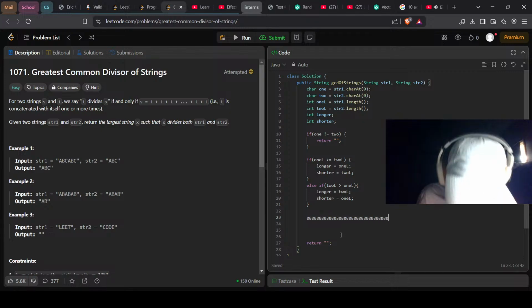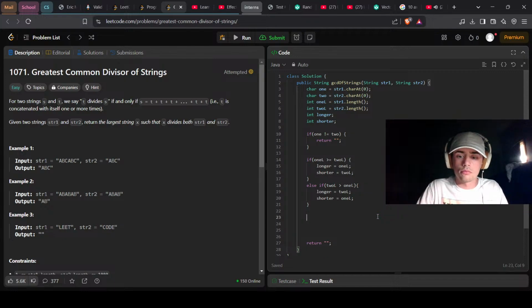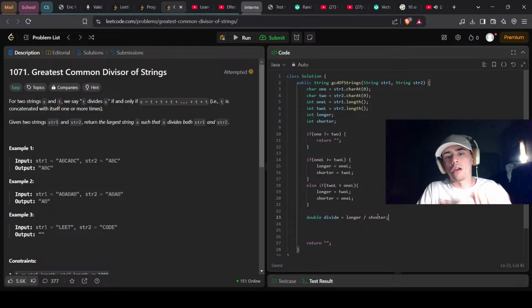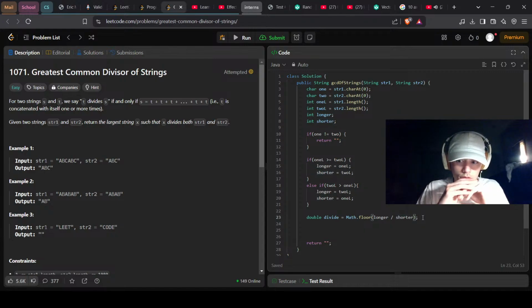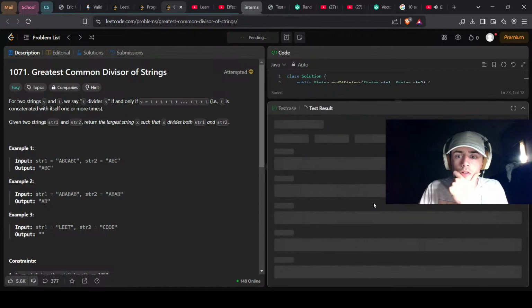W key. Double enter or divide equals longer divided by shorter. I should round it though. Math dot floor, right? There should become an int. See what our problem's at.